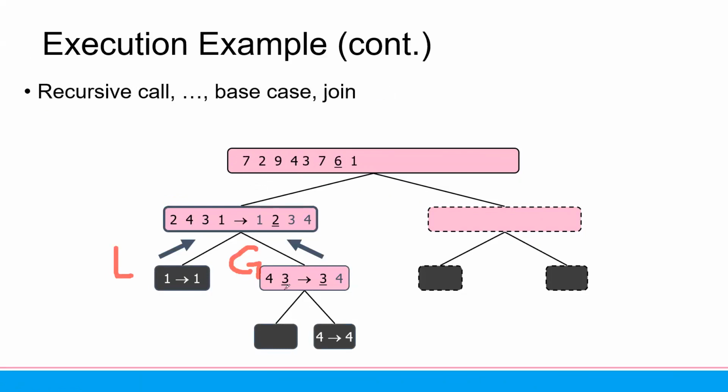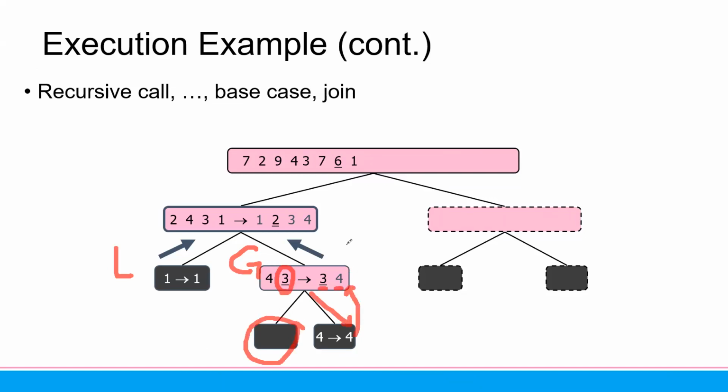In this case, we have the pivot is 3. Okay. Is there any number less than 3? We don't have it. So it is a leaf with 0 elements. And then we have only one element on the right. So we have 4, and we have the 3 and 4 as the result of this node.